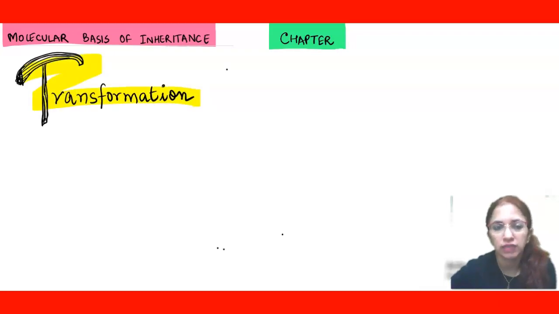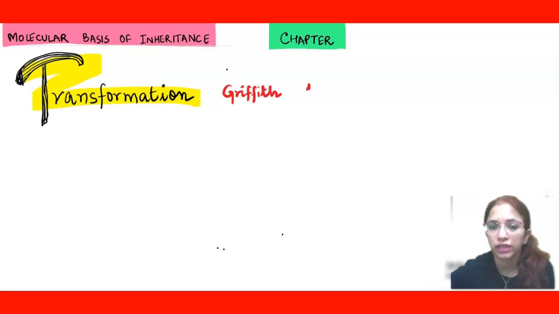Now, the general meaning of transformation is a change. Now we will see which change we are talking about. The scientist associated with the transformation principle is Griffith.